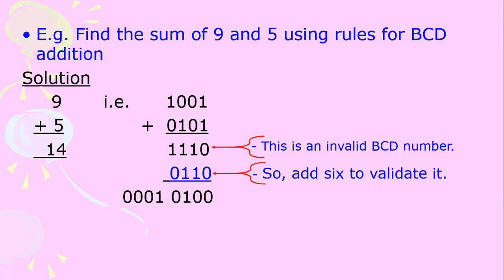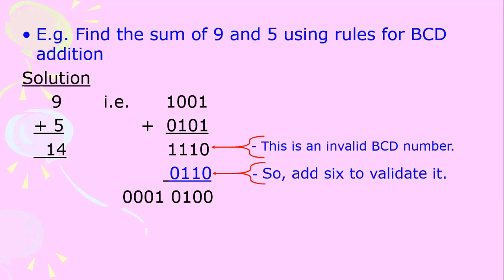So we carry 1, we add 1 to 1, we get 0, carry 1. 0 carry 1 plus 1 is 1, carry 1. 1 plus 1 that we have carried gives us 0 carry 1.